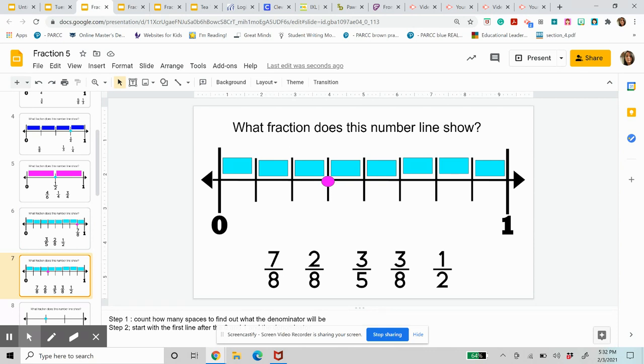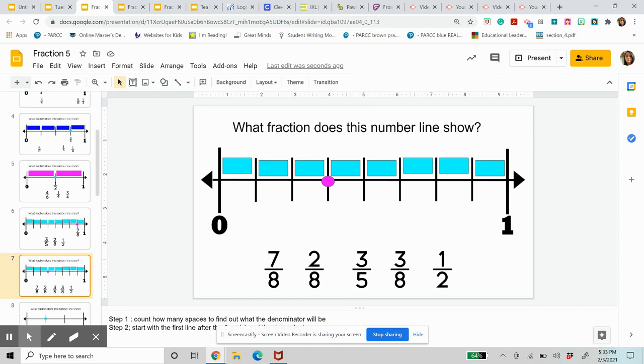All right. Let's look at this. Slide 7. All right. What do you think the fraction that belongs right there would be? Okay. So count your spaces. Make a decision. Do you think it would be 7/8, 2/8, 3/5, 3/8, or 1/2?